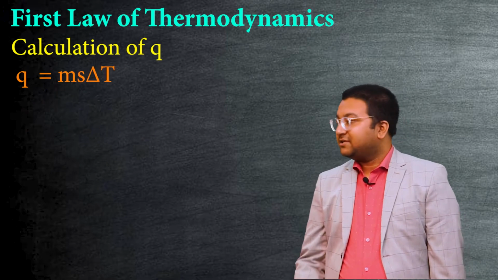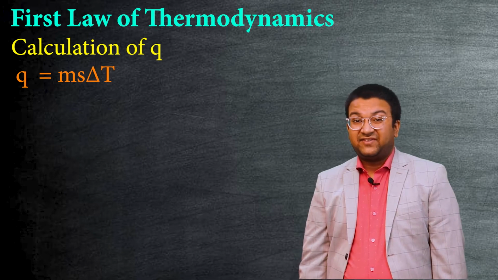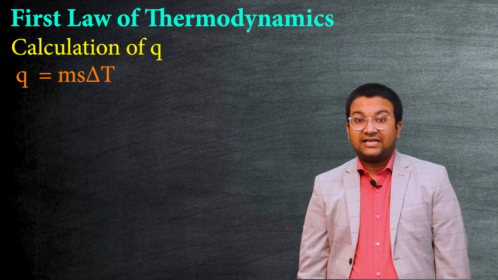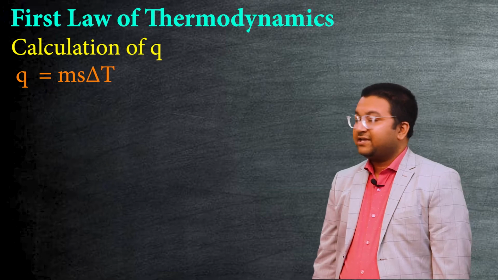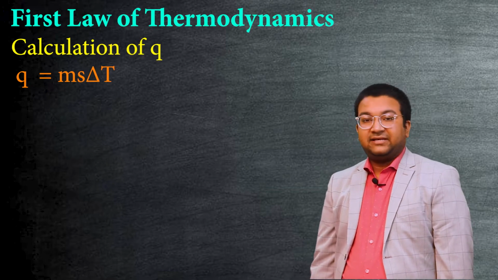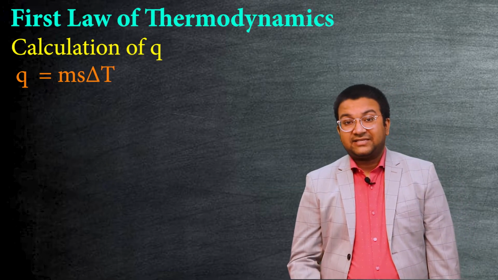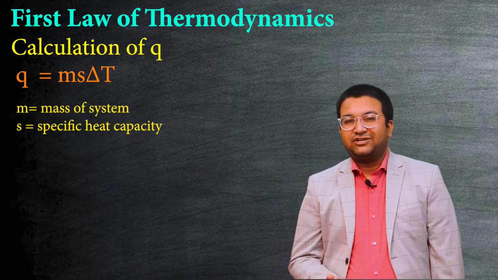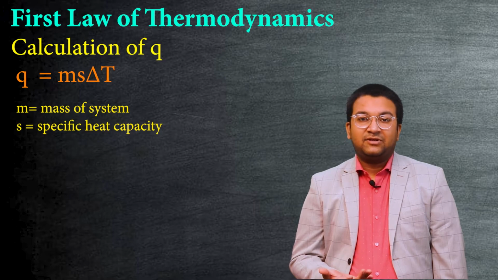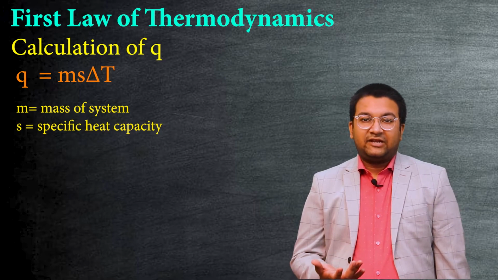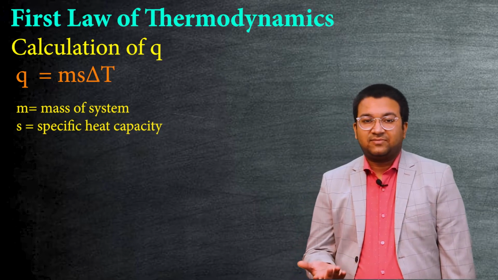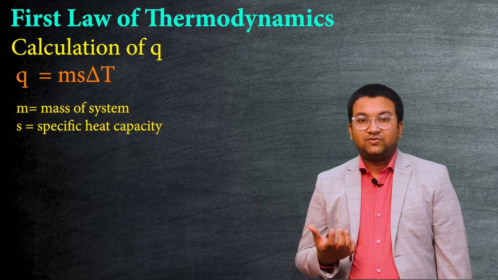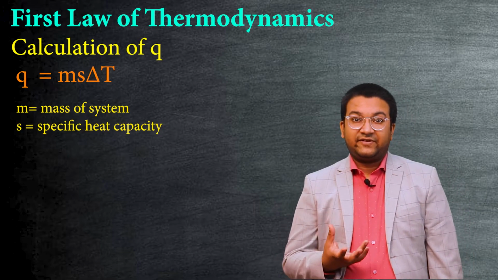Another way to do the same is by specific heat capacity, which is denoted as s. So here Q will be written as m s delta T. Here m is the mass of the system, and s is the specific heat capacity, which is usually given in joule per gram per Kelvin or joule per gram per degree Celsius or something like that. So this formula can be used for any system if the mass is given.